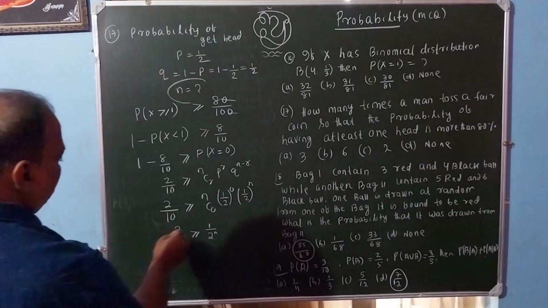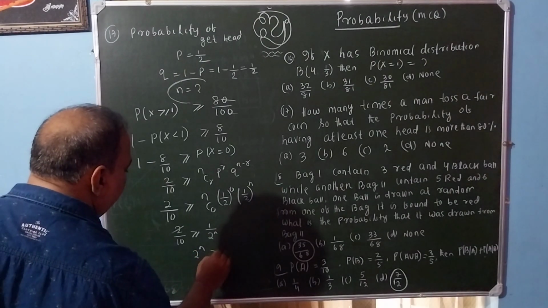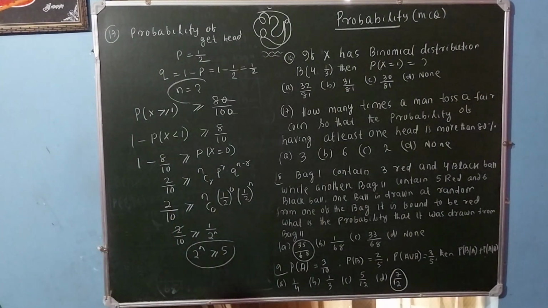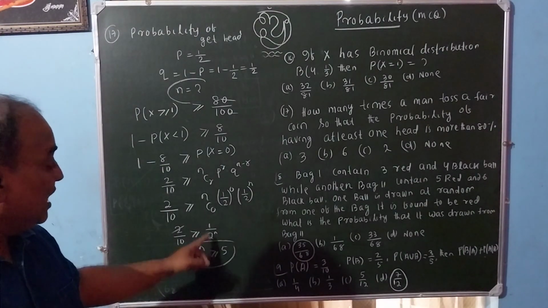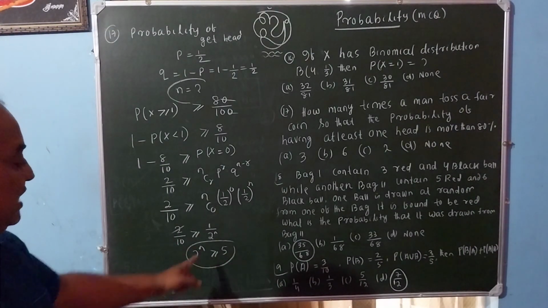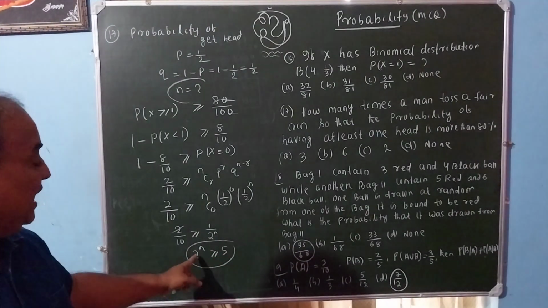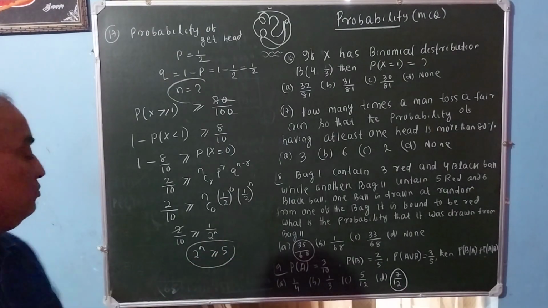So 2 to the power n is greater than or equal to 5. For what value of n will it be greater than 5? When n is equal to 1, 2 greater than or equal to 5, which is not true. When n is equal to 2, 4 greater than or equal to 5, impossible.